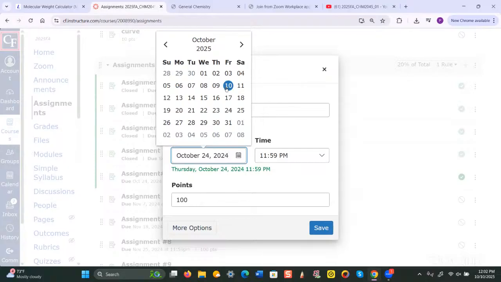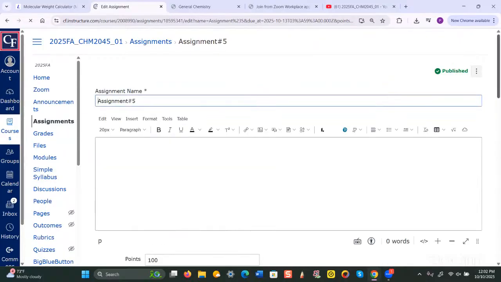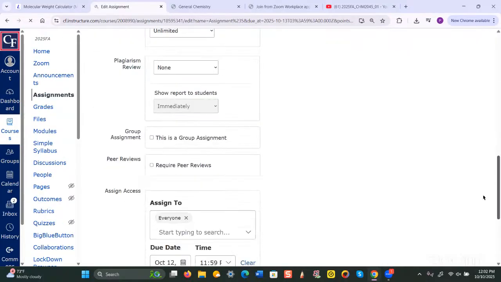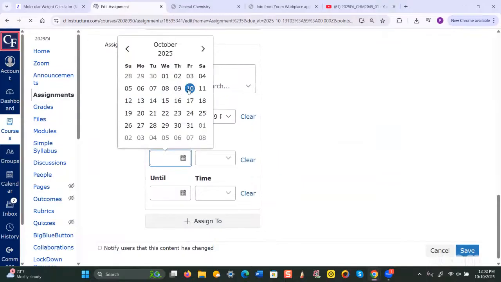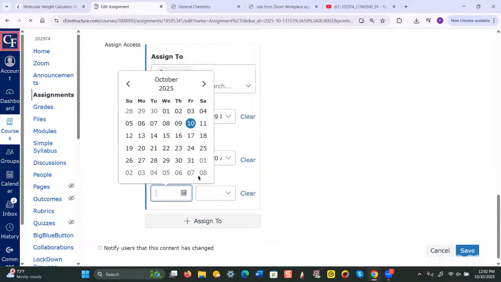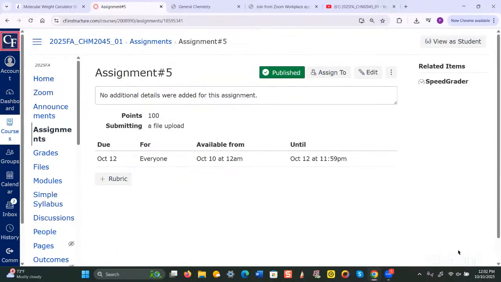Is Sunday a reasonable time for you to submit it? Sure. The only reason I'm choosing such a date is because I want to get it back to you ASAP. So it's available from today to Sunday at midnight. Make sure you submit it by then, and make sure it's in PDF format.